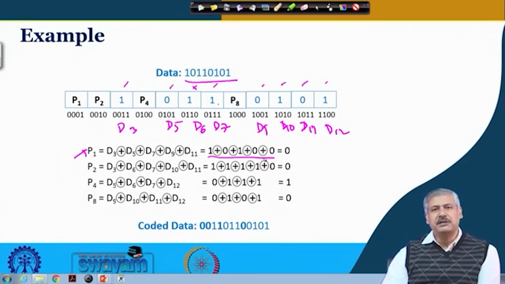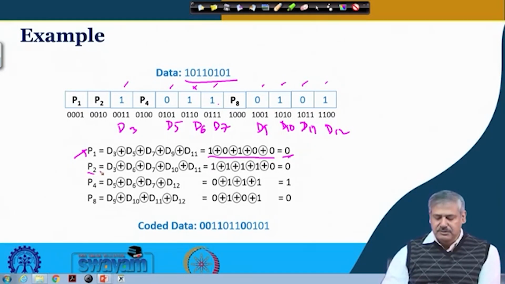XORing means we look at the number of ones. If the number of ones is even, the output will be 0. If the total number of ones is odd, the output will be 1. Here the number of ones is even, so the output is 0. Is it clear?